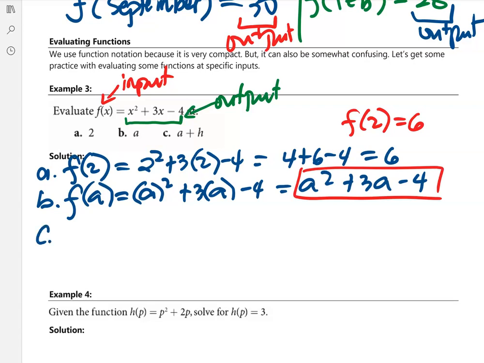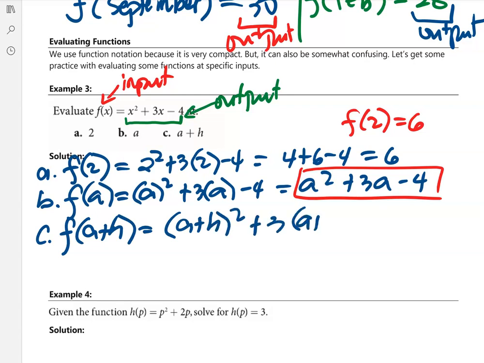Letter C, this time we want to solve f of a plus h. So we plug in a plus h squared plus 3 times a plus h minus 4. Then what is a plus h squared?